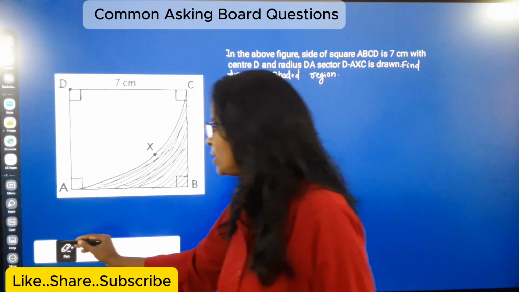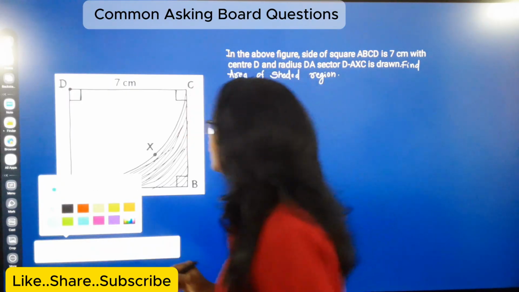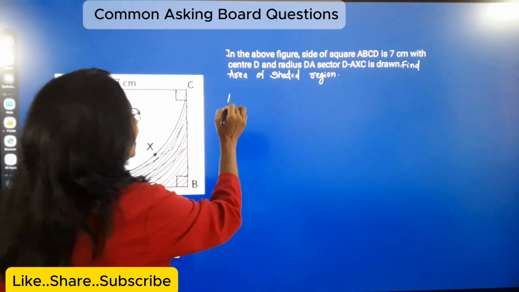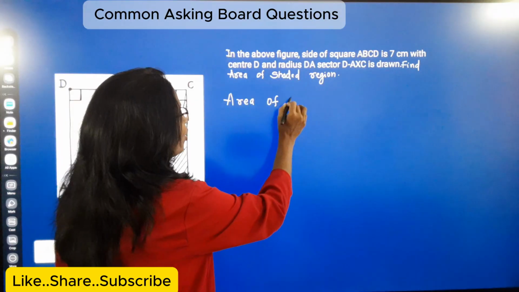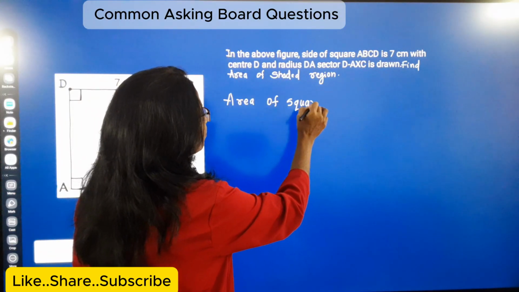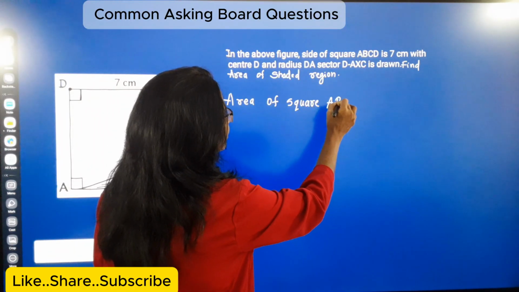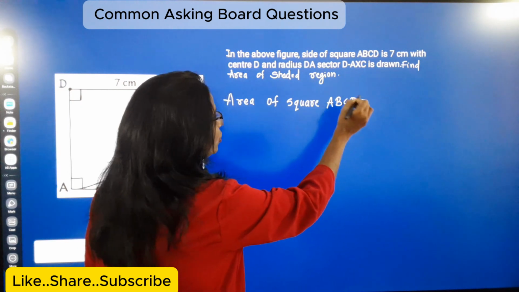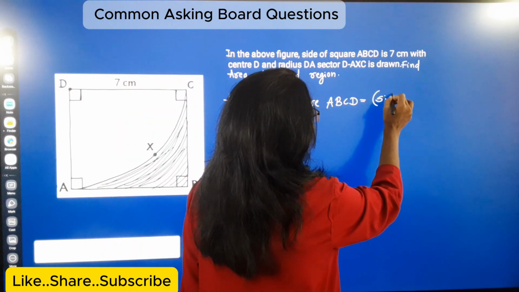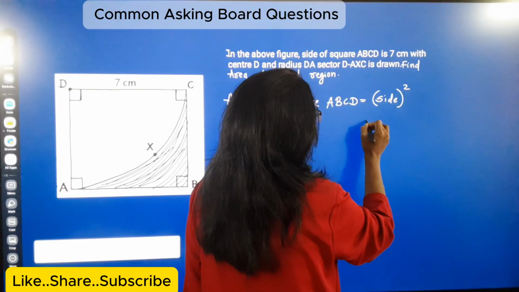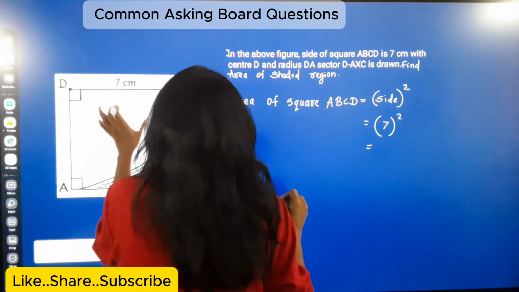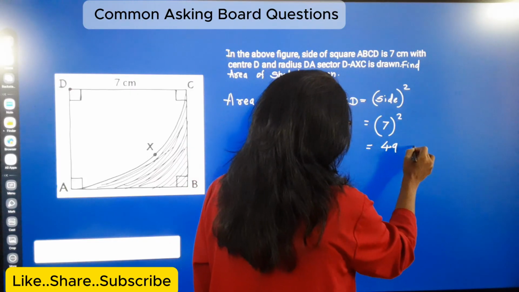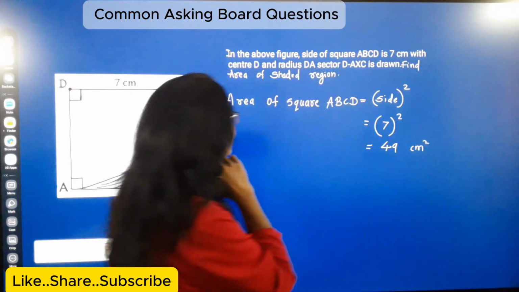First we write, students, area of square ABCD is equal to side square. So here the side is 7, so that means here 49 square centimeter.